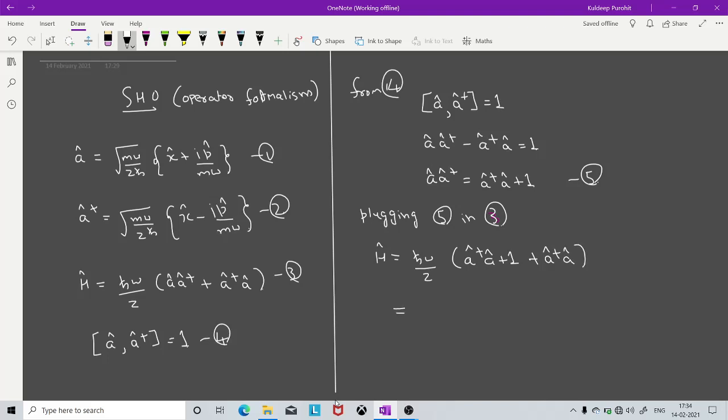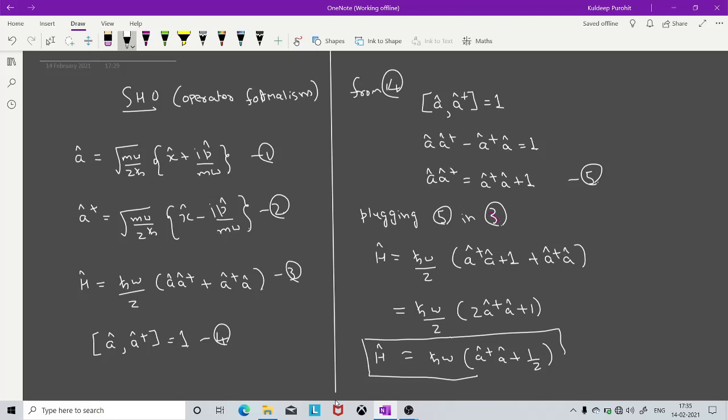So this can now be written as h cut omega by 2 times (2 a dagger a plus 1). So this can now be written as h cut omega times (a dagger a plus 1 by 2). This is a more general expression for the Hamiltonian operator, and this is my equation number 6.